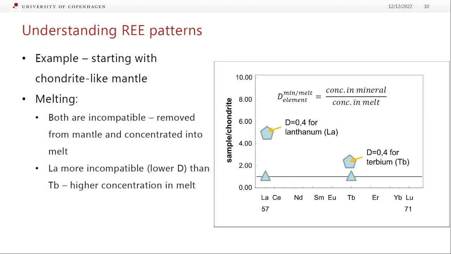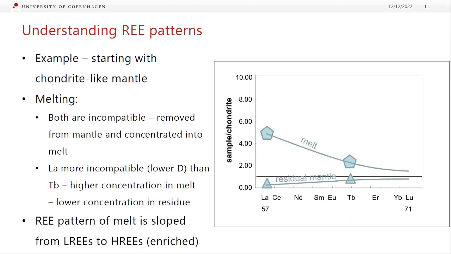It's still incompatible, but it's not as extremely incompatible. This one has a partition coefficient of 0.4 in this example. And so we do 1 divided by 0.4, and that should be just a bit higher than 2, somewhere up here. So both are incompatible, both get concentrated in the melt, but because lanthanum is more incompatible, it gets into a higher concentration in the melt.